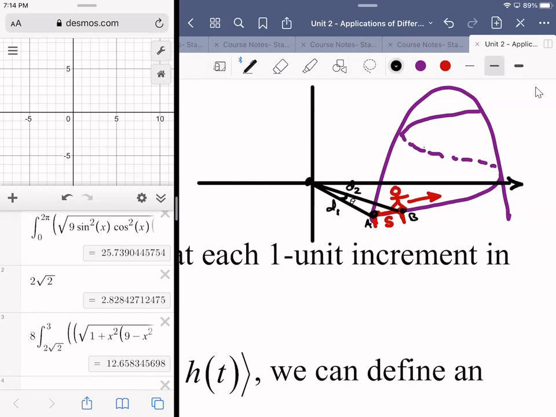Yeah, so the word of the day is exceptional.